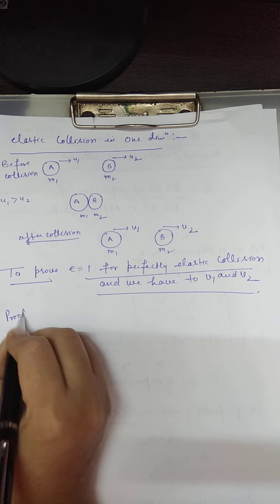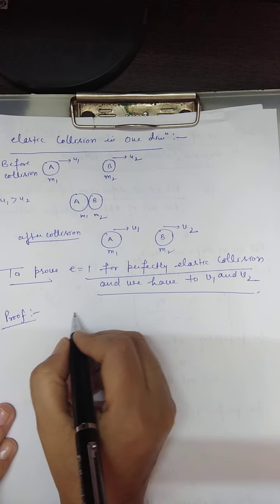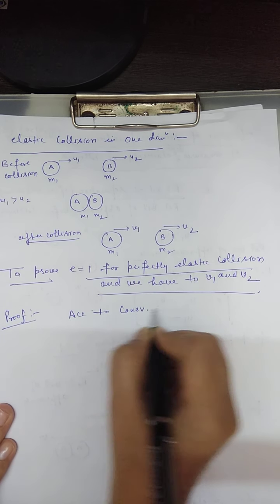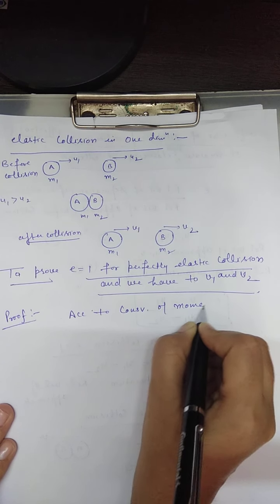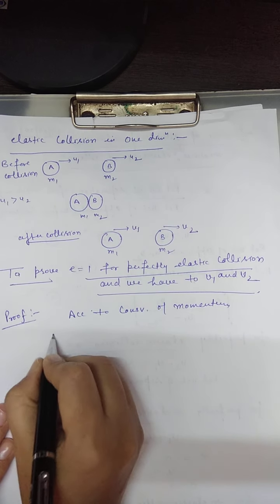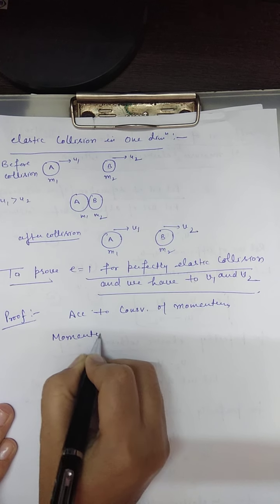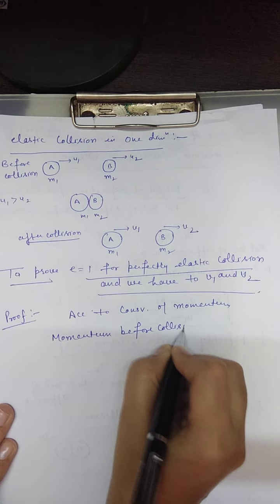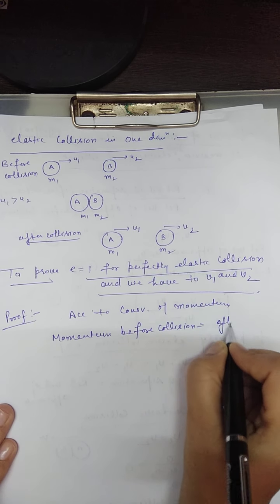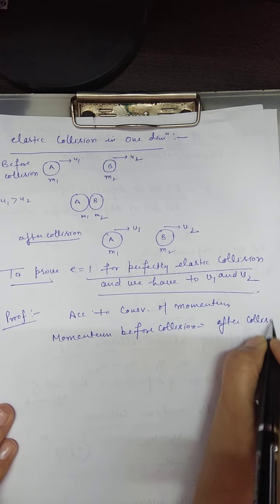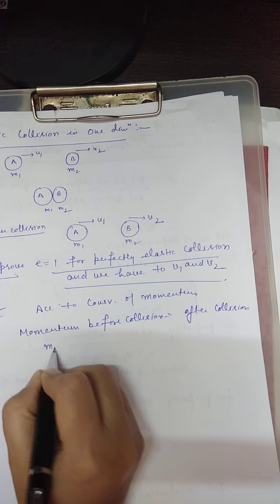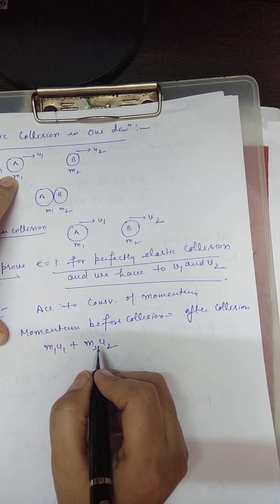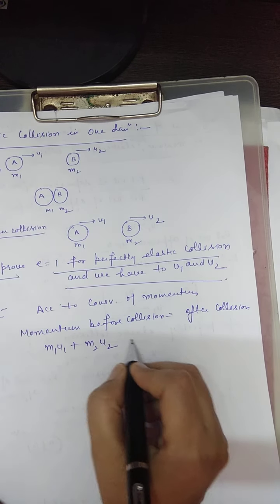Now to do its proof, step 1, according to conservation of momentum, momentum before collision is equal to after collision. This is m1 into u1 plus m2 into u2. m1 into u1 is the momentum of the first mass, m2 into u2 is the momentum of the second mass.